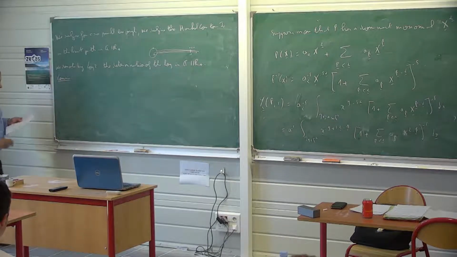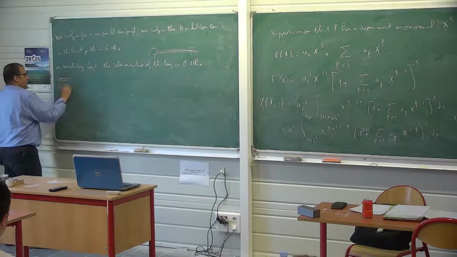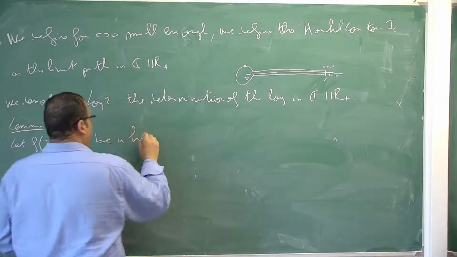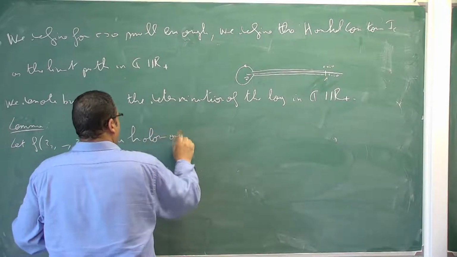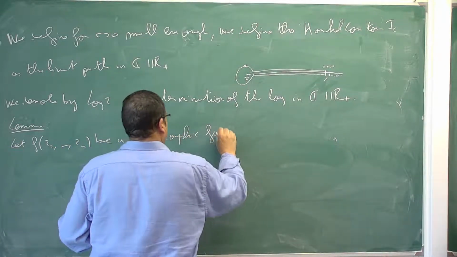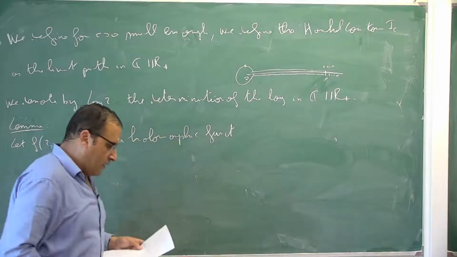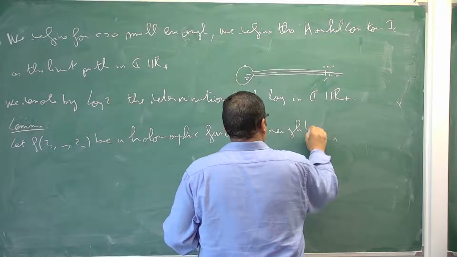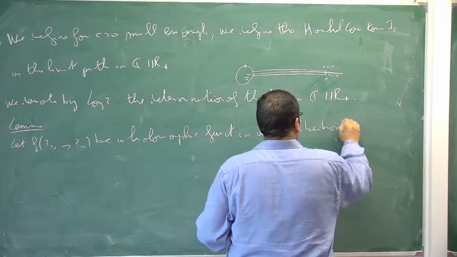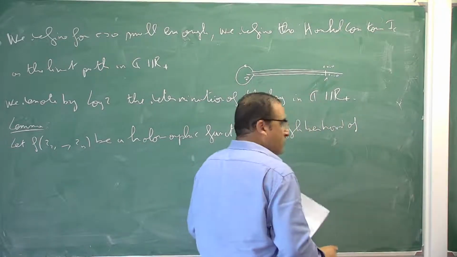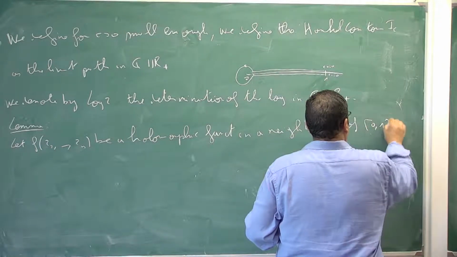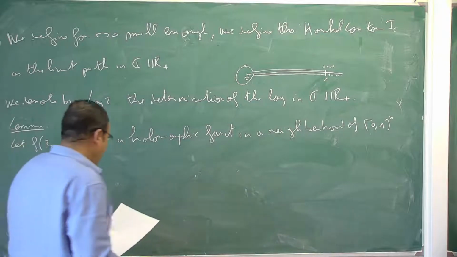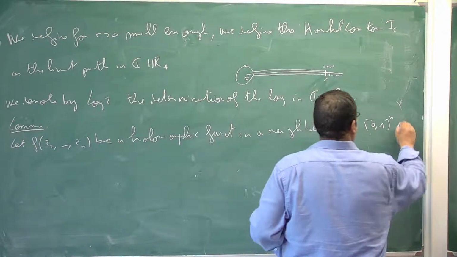Let f of z1 ... zn be a holomorphic function in a complex neighborhood of the set [0,1]^n in C^n.